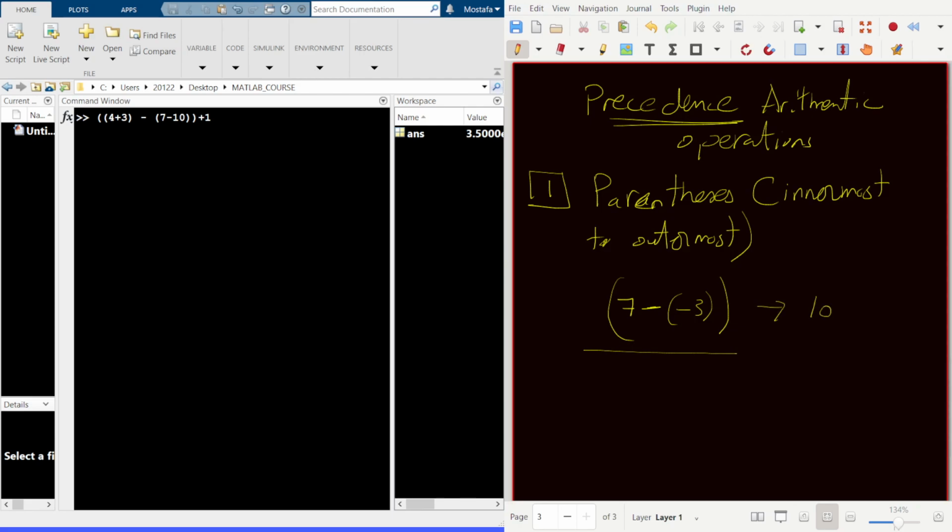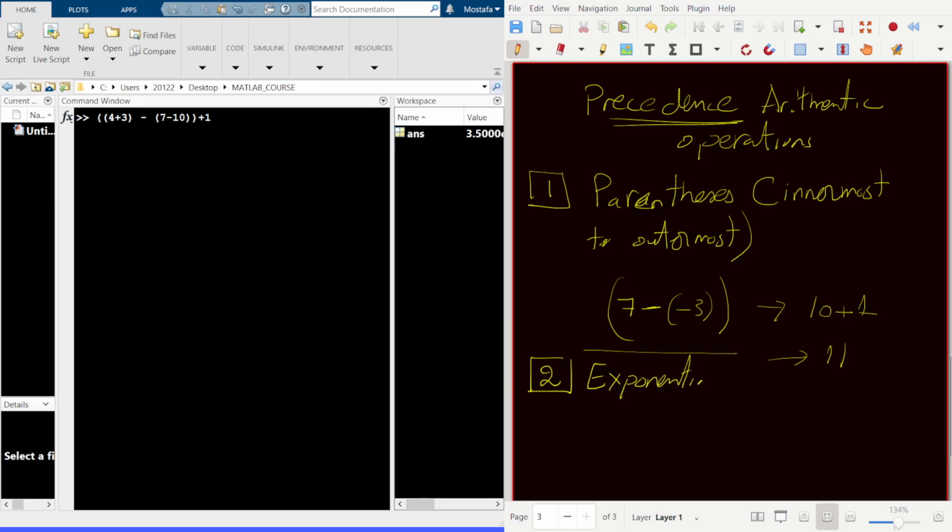And then finally, I will add 1 to the final result, so it's going to be 10 plus 1, and that will eventually give me 11. So as you see, we started with the innermost brackets, and then we go to the outermost ones. So the second rule for arithmetic operations is exponentiation.